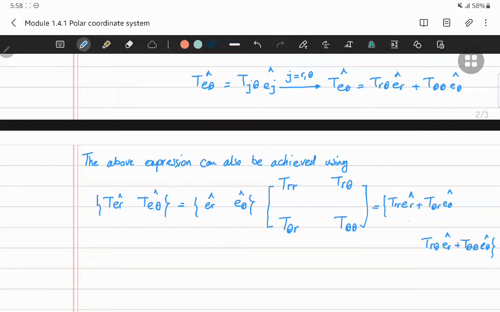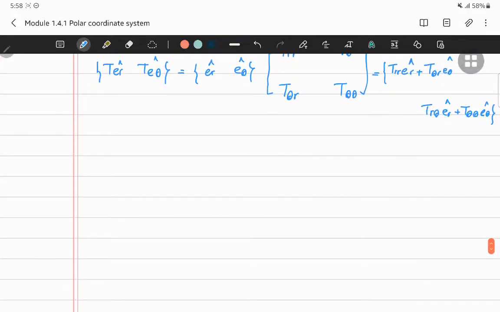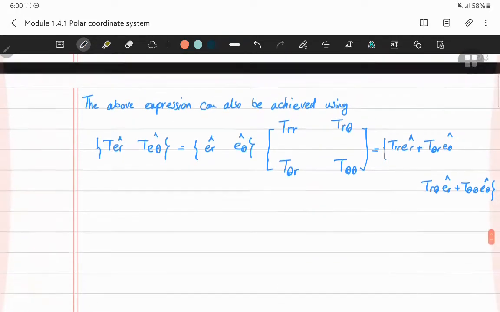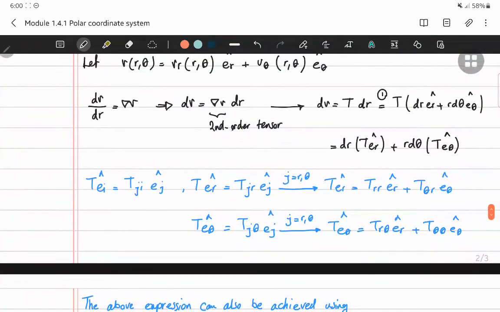And this is nothing but T(e_r), and this is T(e_theta). Perfect. So now we have these expressions here. All right, so we replace these expressions here.